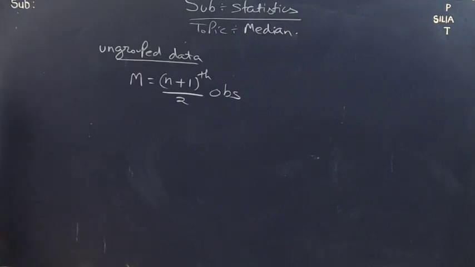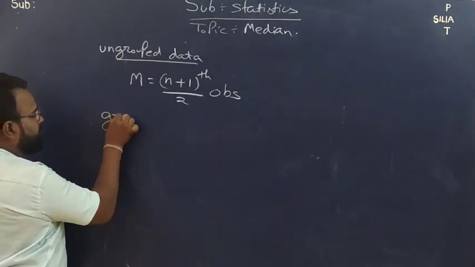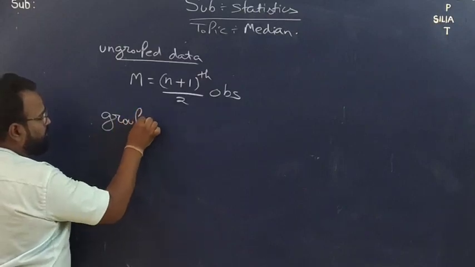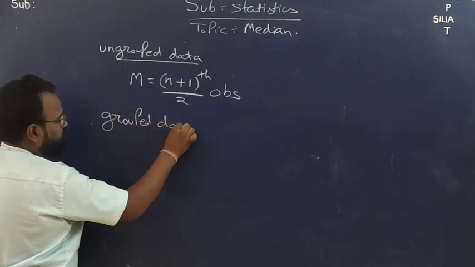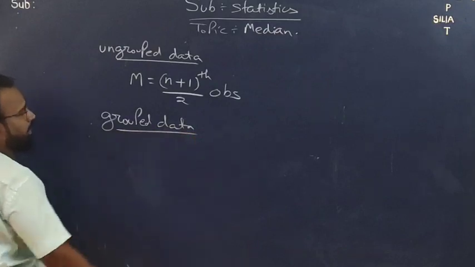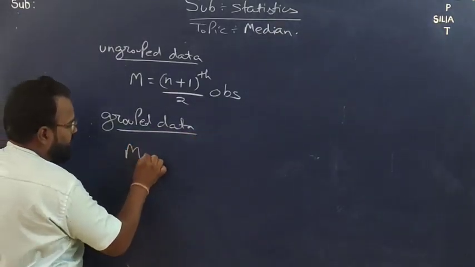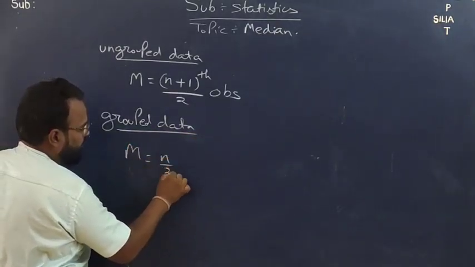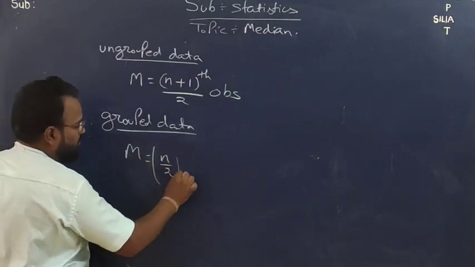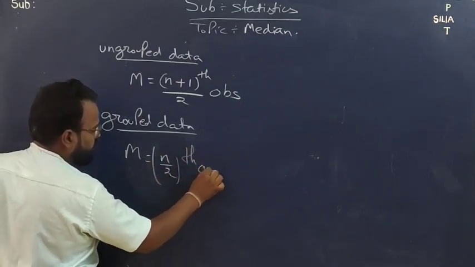Now, for the grouped data, to find the median, M equals n upon 2 observation.